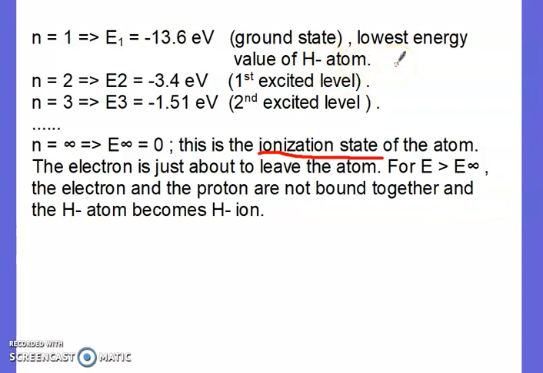Consists only of one proton and one electron. That's why Mr. Bohr worked on this simple atom. So at the ionization state, the attraction between the proton and the electron is almost 0. And for energy bigger than E infinity, the electron and the proton are not bound together, means no more attraction. Clear? And the H atom becomes H ion.